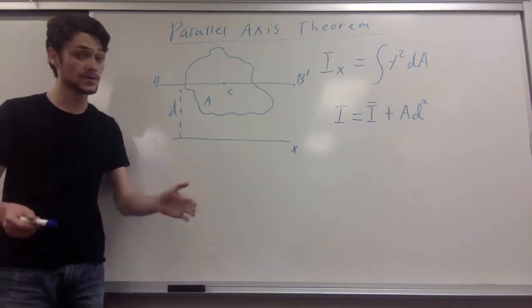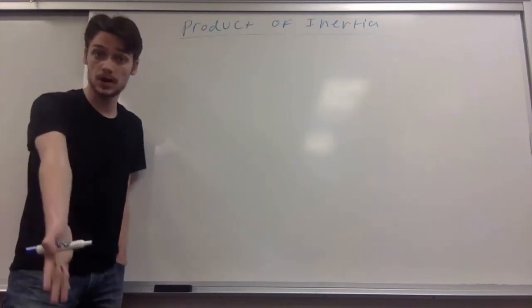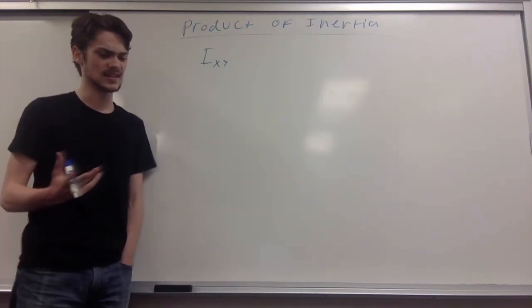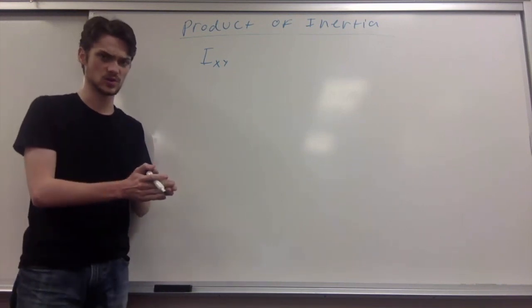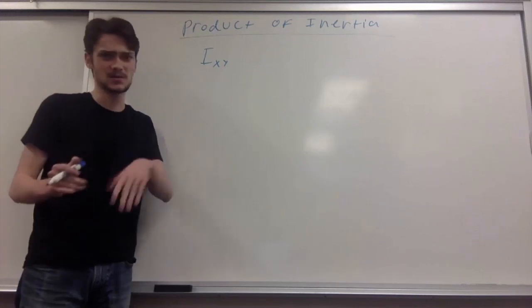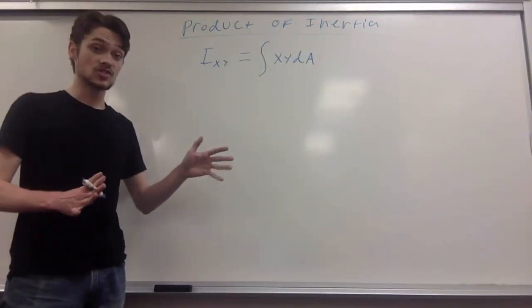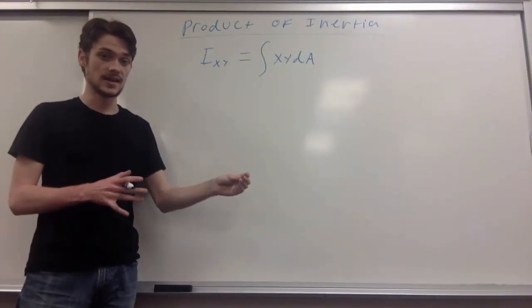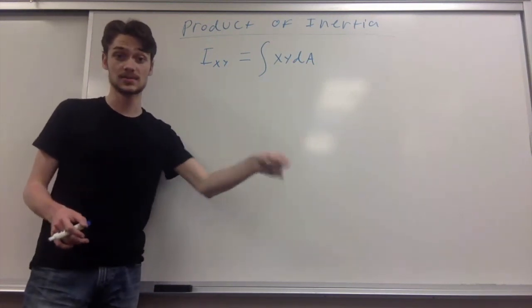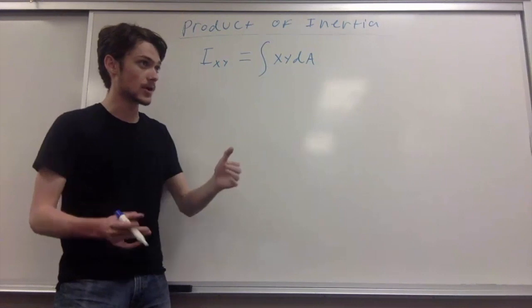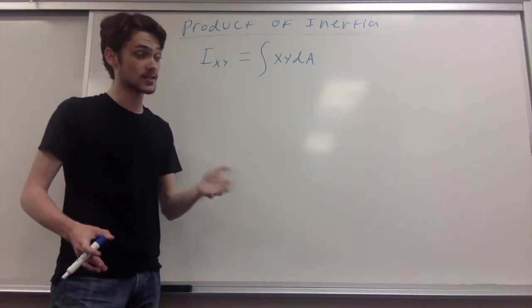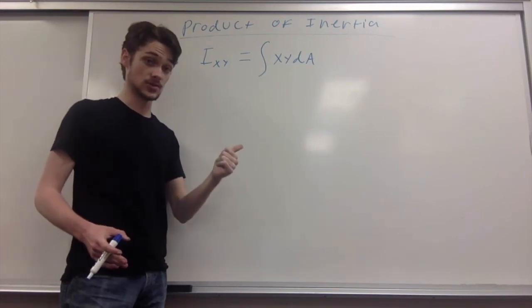Now let's take all of this and kick it up a notch with the product of inertia. The best way that I can describe the product of inertia is it is the second moment of inertia with respect to both axes. Strange, yes, but we'll figure it out. Instead of being just the integral of x squared dA or y squared dA, it is the integral of x times y times dA. We can also make a parallel axis theorem for the product of inertia.